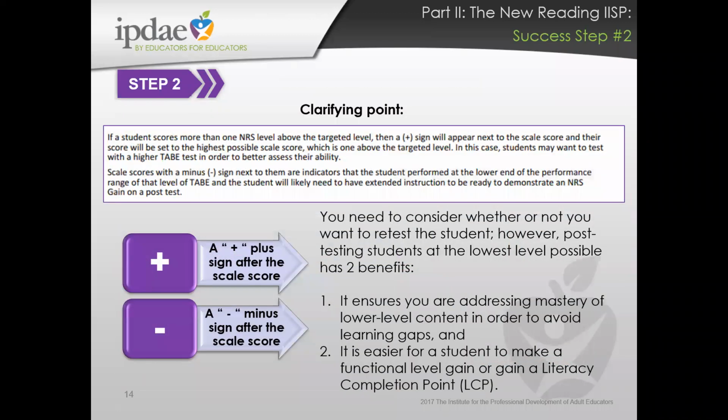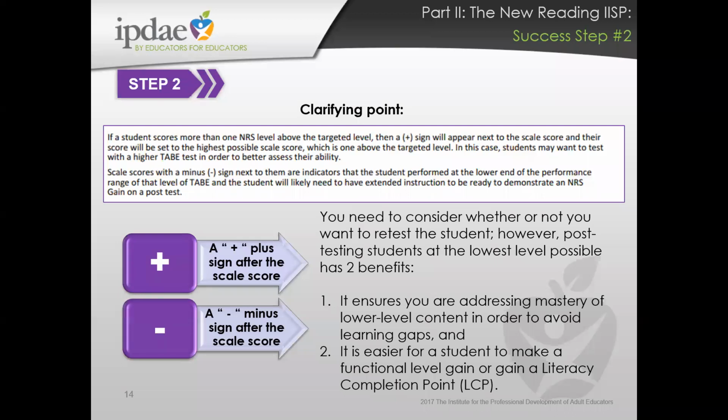Before moving to step 3, let me clarify a point. If a student has a plus or minus, right? Remember, you may have the option to retest the student at either a higher or a lower level test. Now, before making the decision, please consider making the decision that will allow the student to post-test at the lowest level possible. And again, remember, it has 2 benefits.